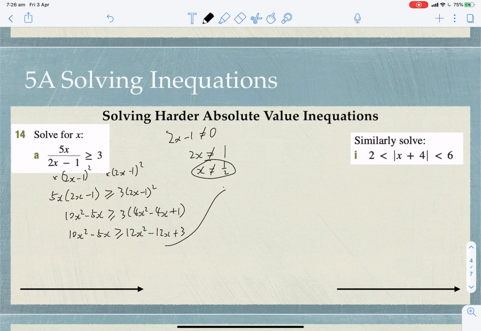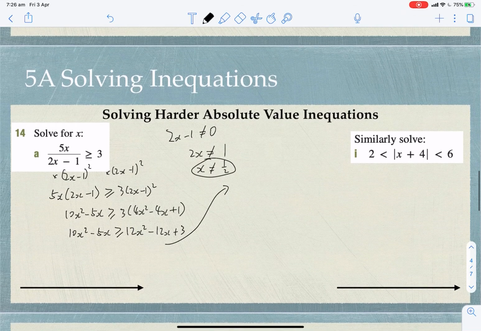I'm just going to bring it over here, okay? Let's move everything to one side. Remember, when we have a quadratic, we move everything to one side. So 0 equals 2x squared, because 12 minus 10 is 2. Minus 12 minus 5 is negative 17.